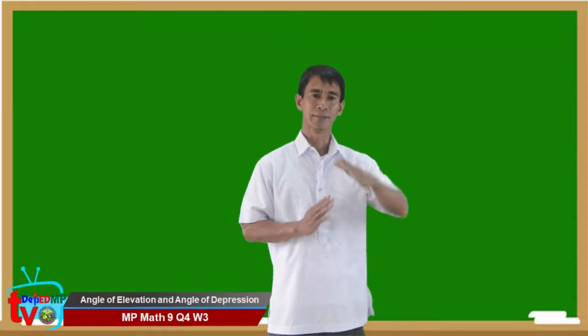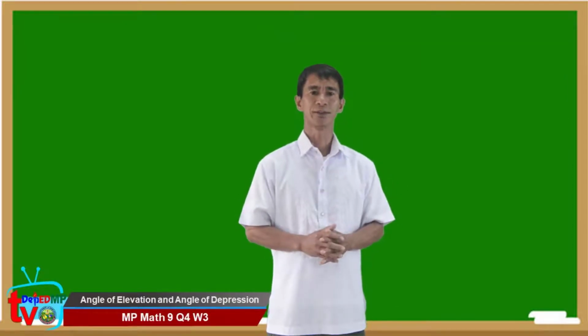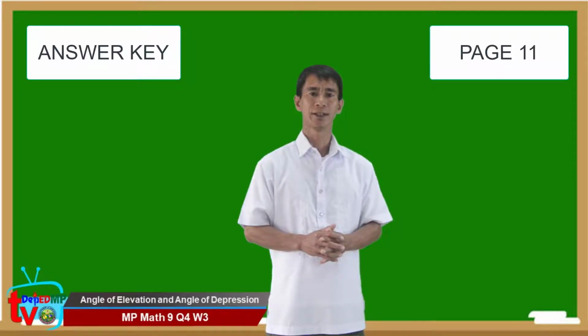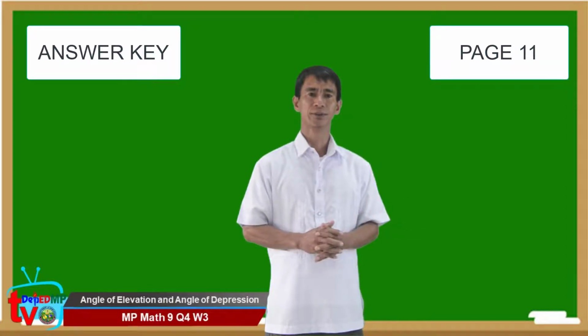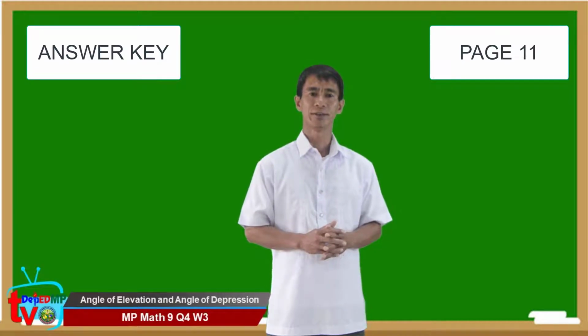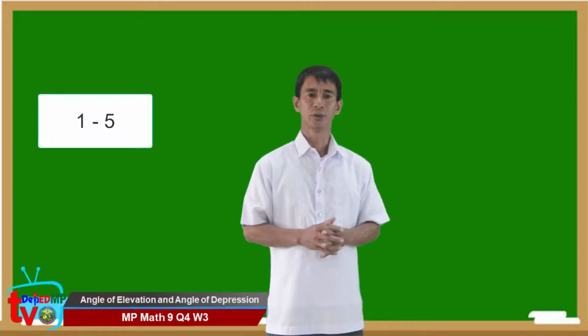Okay, time is up. You may check your answers using the answer key found on page 11 of your module. Pause this video while checking your answers. Hit the play button when you are done. How many got 1 to 5 correct answers?